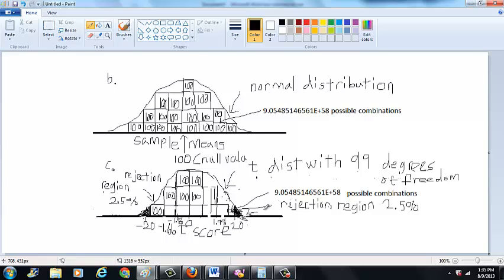Or you could say 1/2 of p-value is over here, and 1/2 of p-value is over here.